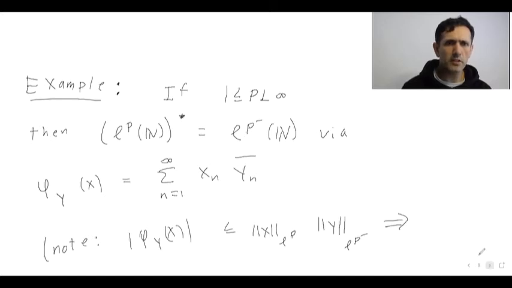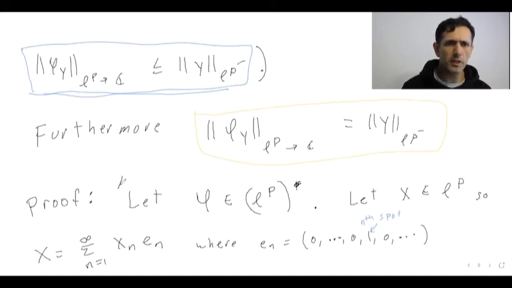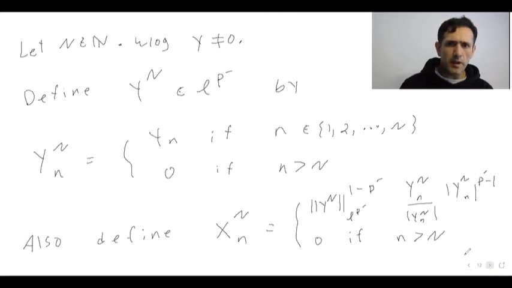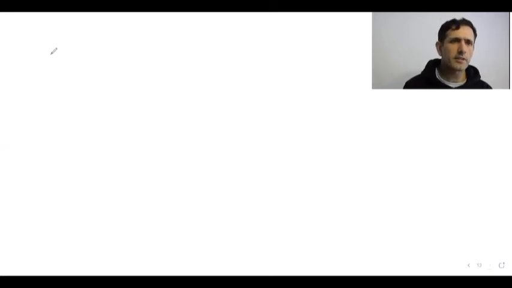Yeah, so let's actually consider the case first. Let's look at the case p is between 1 and infinity. So here p prime is unambiguously defined as just the dual exponent.